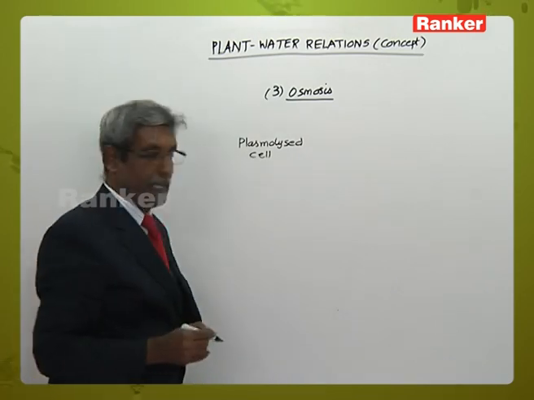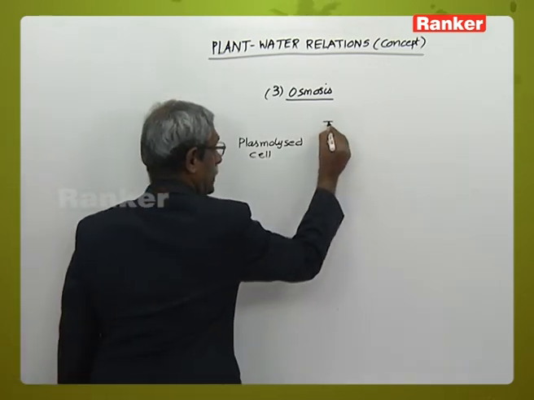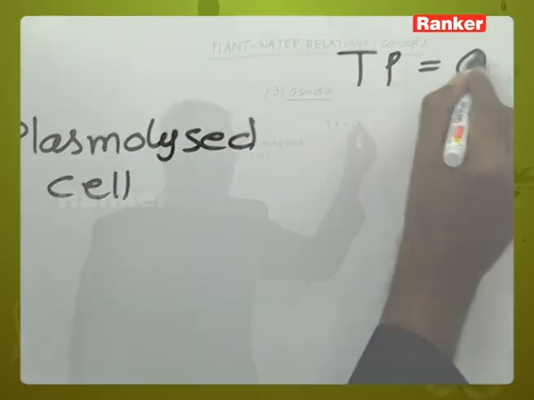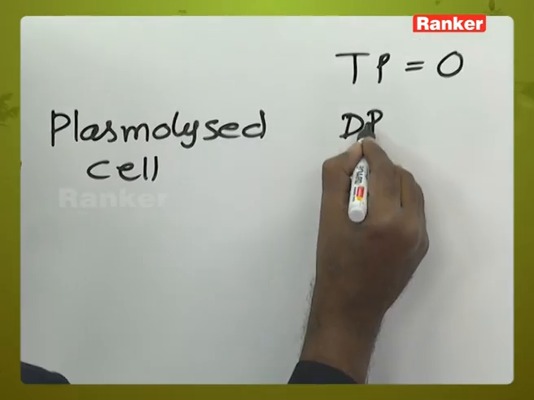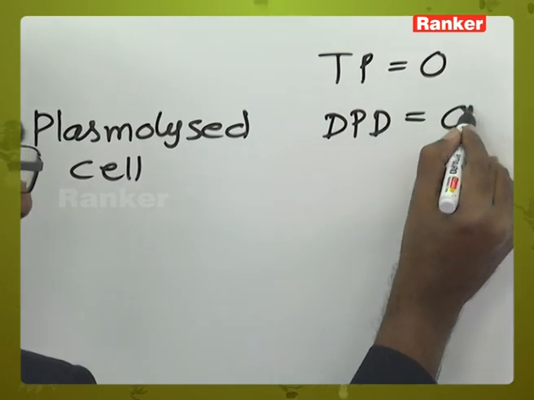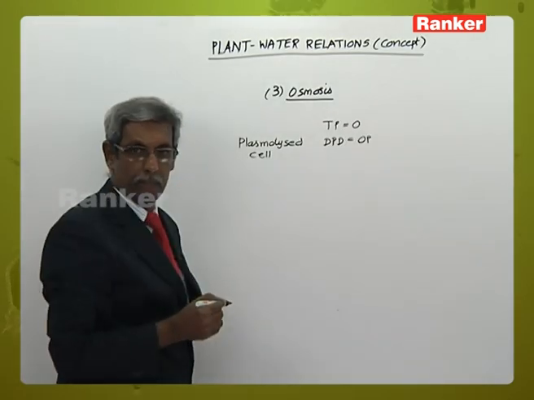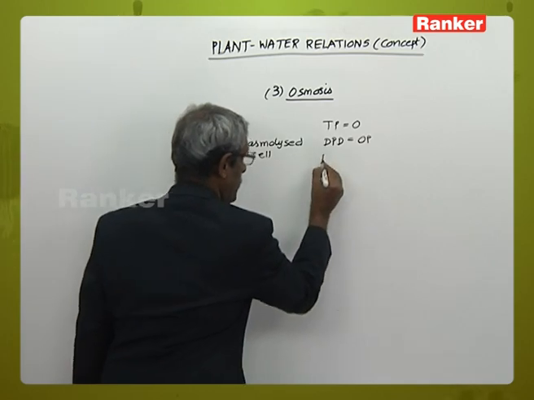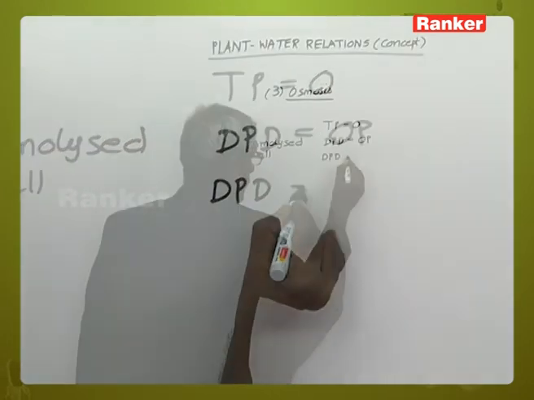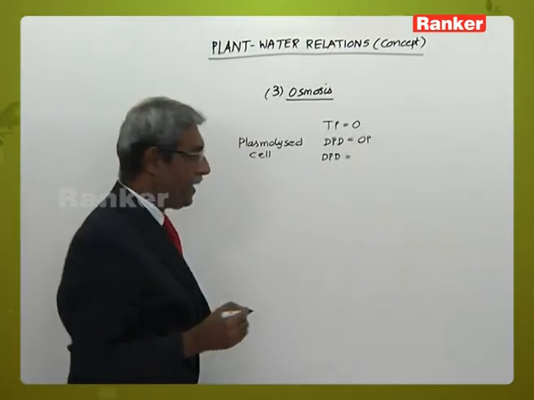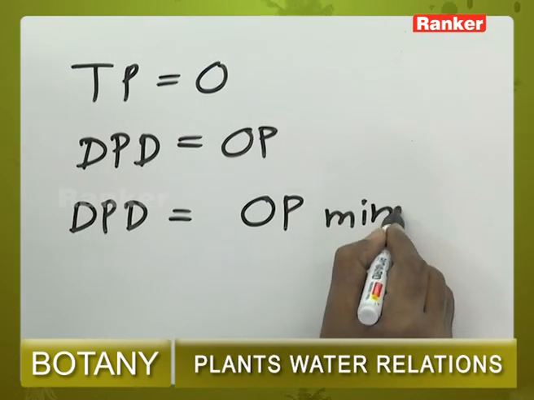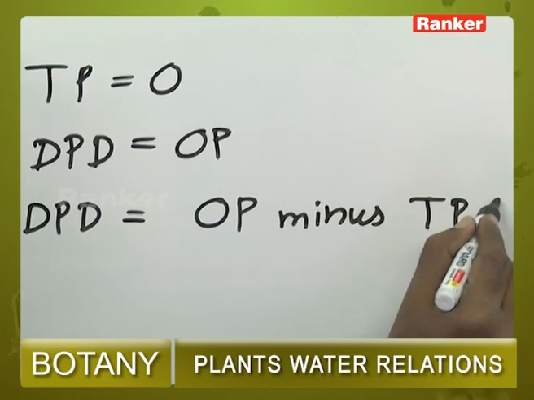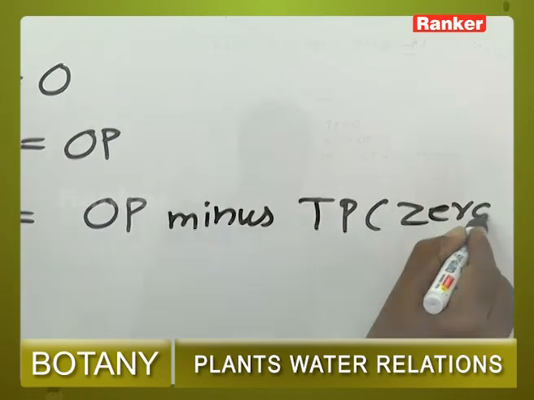In a plasmolysed cell, the turgor pressure is 0. Diffusion pressure deficit equals osmotic pressure. Now, diffusion pressure deficit is given as osmotic pressure minus turgor pressure, and turgor pressure is 0.